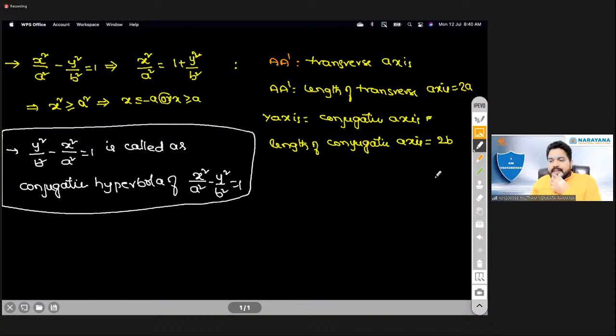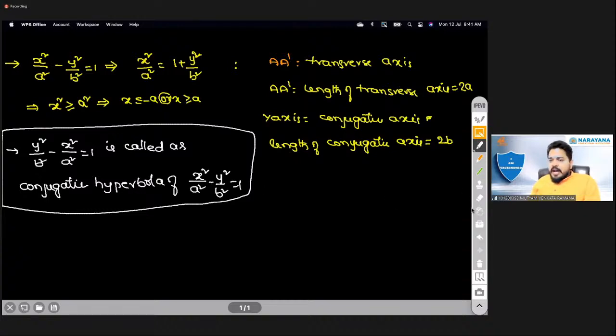Okay, right. Now we could take x square by a square minus y square by b square is equal to minus 1. In the later part, we are going to work on that one also. You keep it aside.